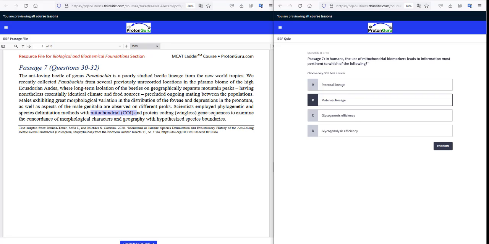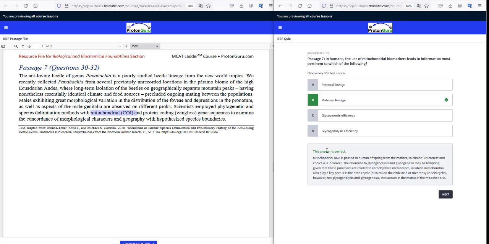So if we know something about the mitochondrial biomarkers, we can tell something about maternal linkage perhaps. And these are sort of distractors that are tempting because the mitochondria are involved in metabolism, of course. So you might be sneakily drawn to something about glycogenesis or glycogenolysis. But it is the maternal lineage that we'll learn the most about from those markers.